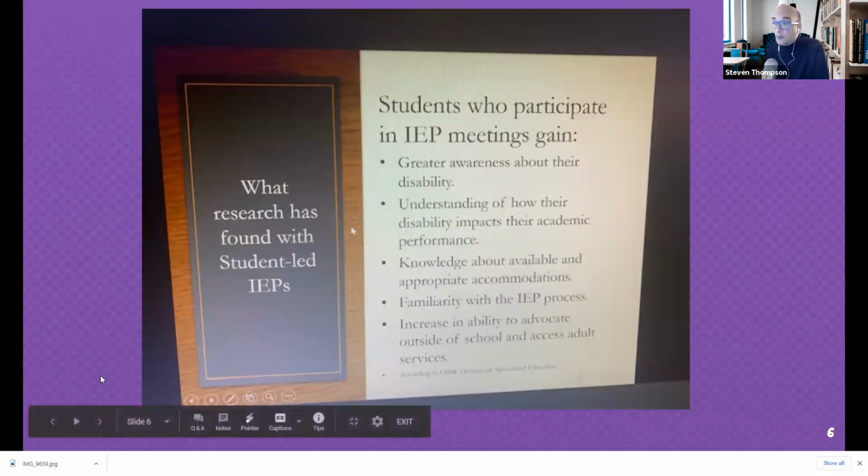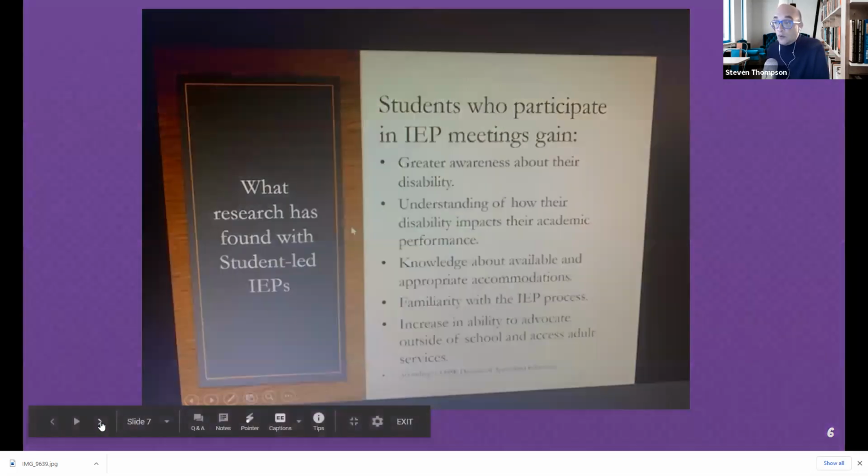They get familiar with the process, and it increases their ability to advocate for themselves outside of school for adult services, because a lot of our students are going to need services for the rest of their lives, and they need to learn how to advocate for themselves. So we're equipping them with those skills.